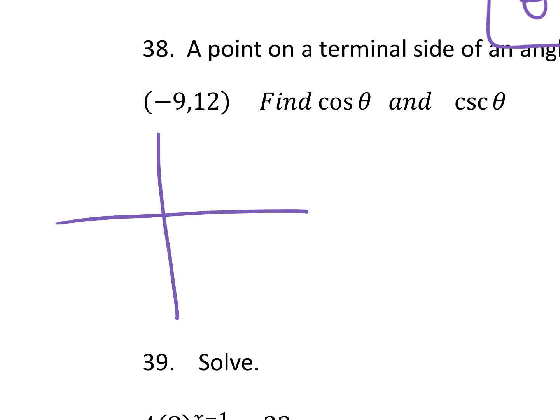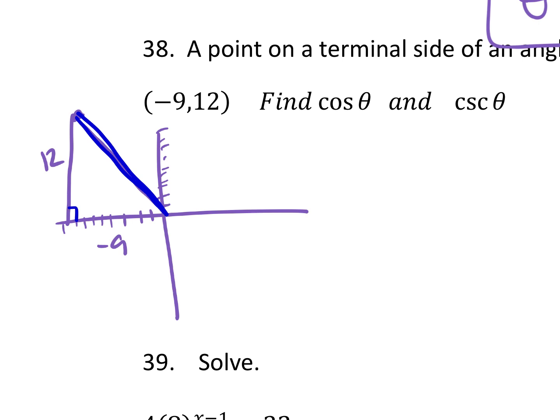So negative 9, 12 would be to the left 9 and up 12. So up there. So x would be negative 9 and y is 12. Now I have to find my hypotenuse here, to find r.